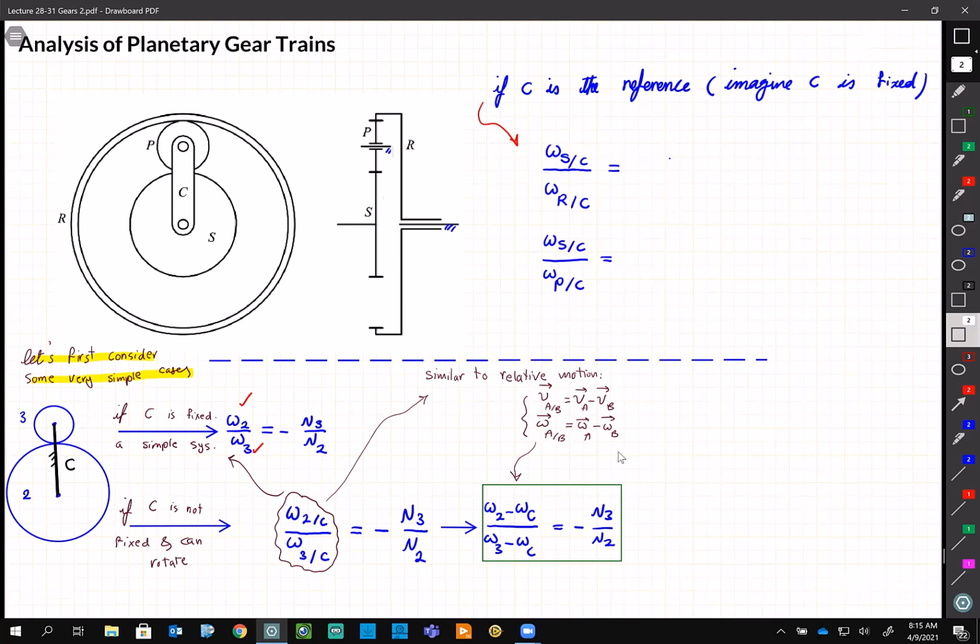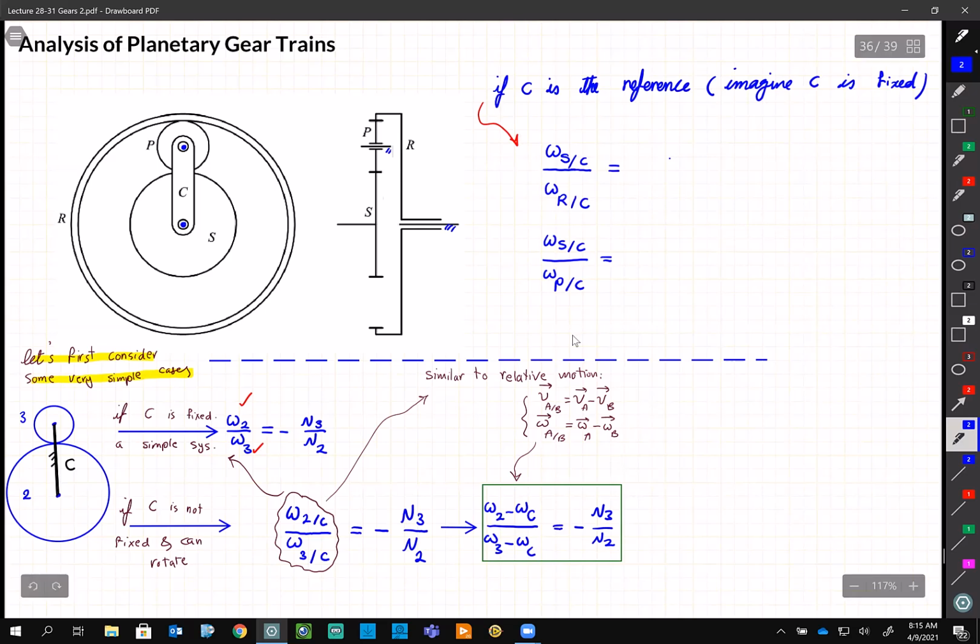Or on the picture on the left, imagine that with your hand, you hold C. If you hold C, now this point is fixed, right? And it's no longer a planetary gear. And we know how to solve it.